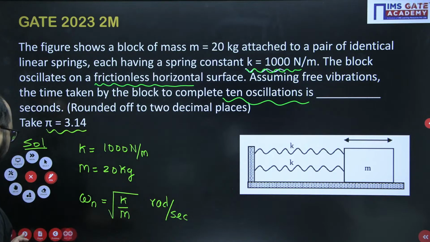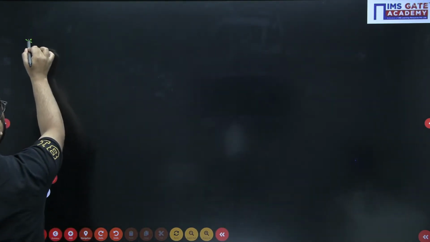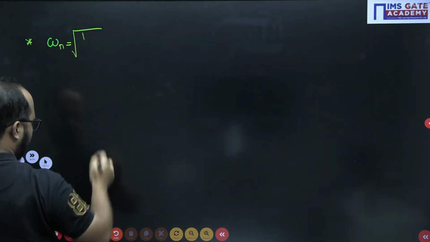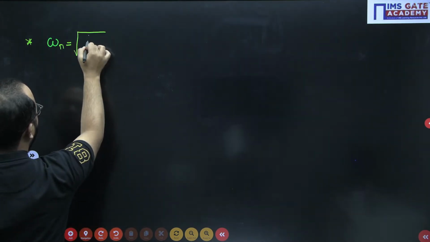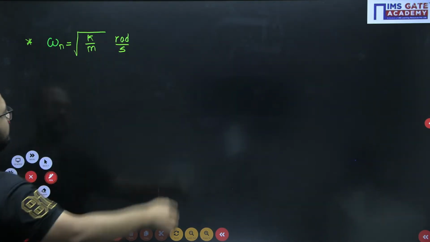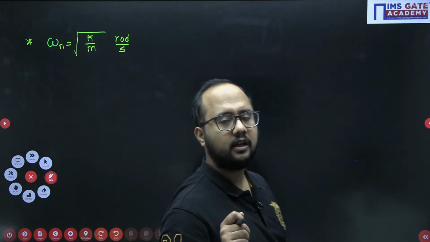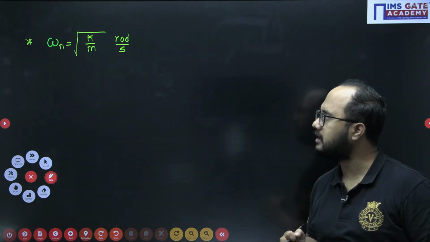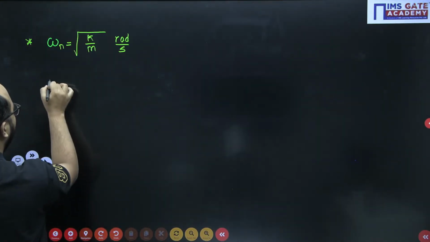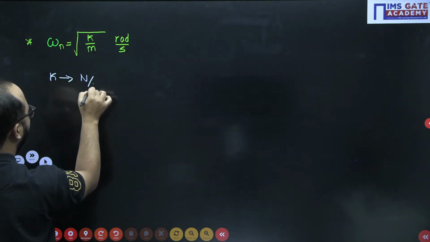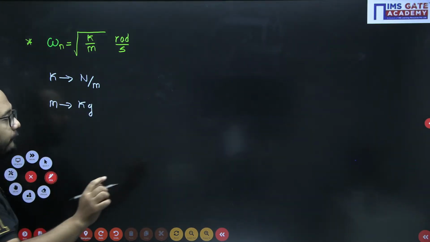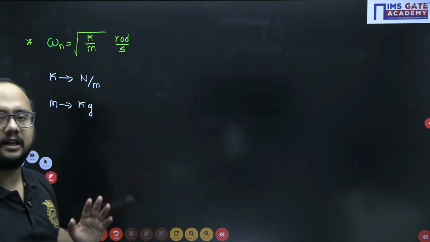Now in this formula, the very important point you need to understand is that whenever we calculate omega n using the formula under root K by M in radian per second, K should be in Newton per meter. This is the unit you need to take care of, and mass is in kg. If you make a mistake in these units, you will get a wrong answer.